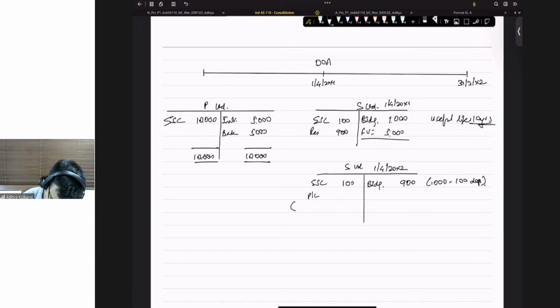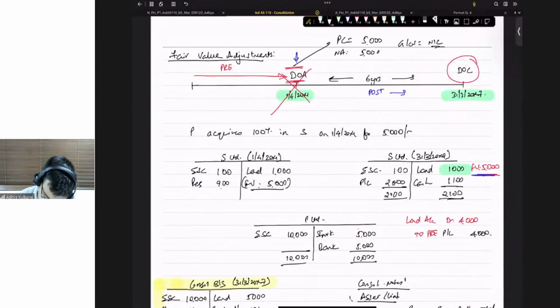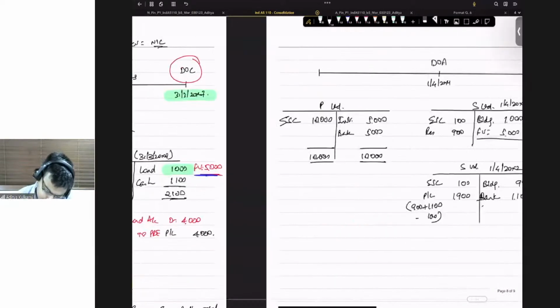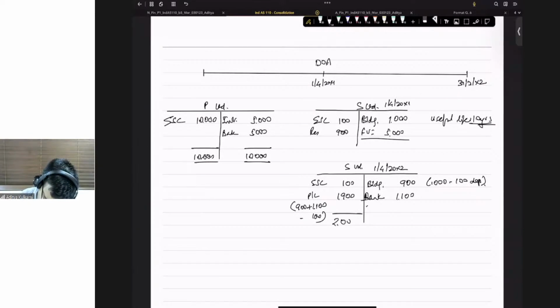P&L: I'm keeping the same facts. 900 plus 1,100 minus depreciation of 100. So that gives you 1,900. And then you will have bank balance 1,100. It's exactly the same. 2,000. So this is how the balance sheet is as at 31st March 20x2.